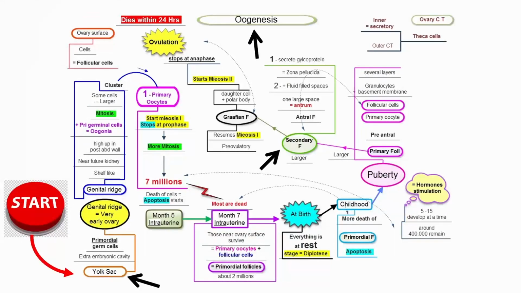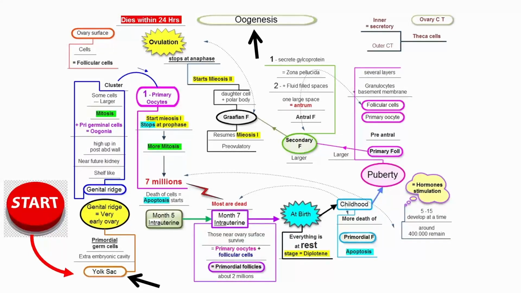Then comes the secondary follicle, which is larger than the primary, and the secondary is when the granulosa cells or the follicular cells develop cavities, and a single cavity is called an antrum, and then they unite to form one large space which is filled with fluid, and there is the formation of the zona pellucida, which started at the primary follicle, and it continues the process of formation of the zona pellucida.